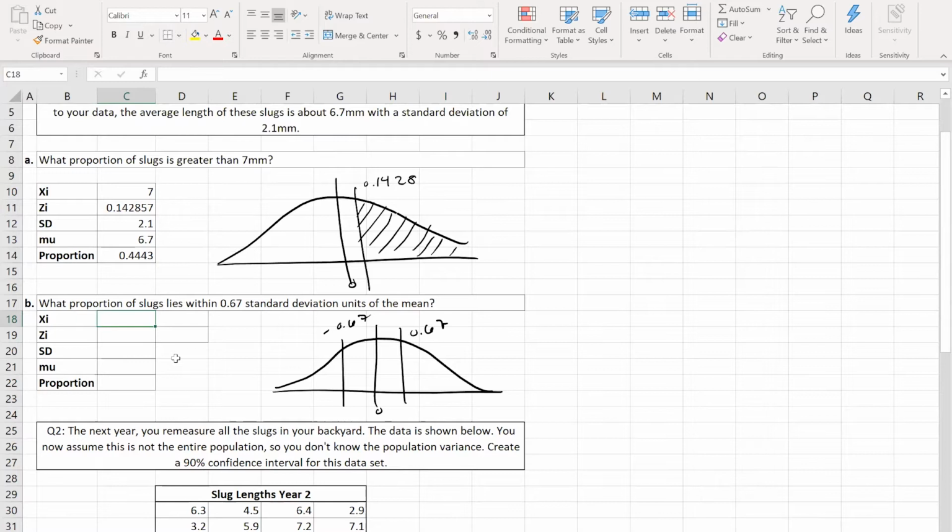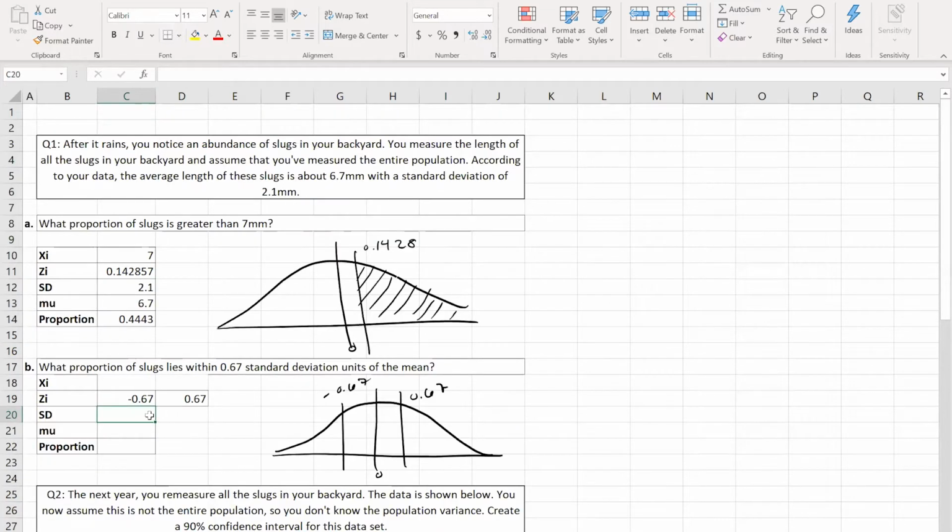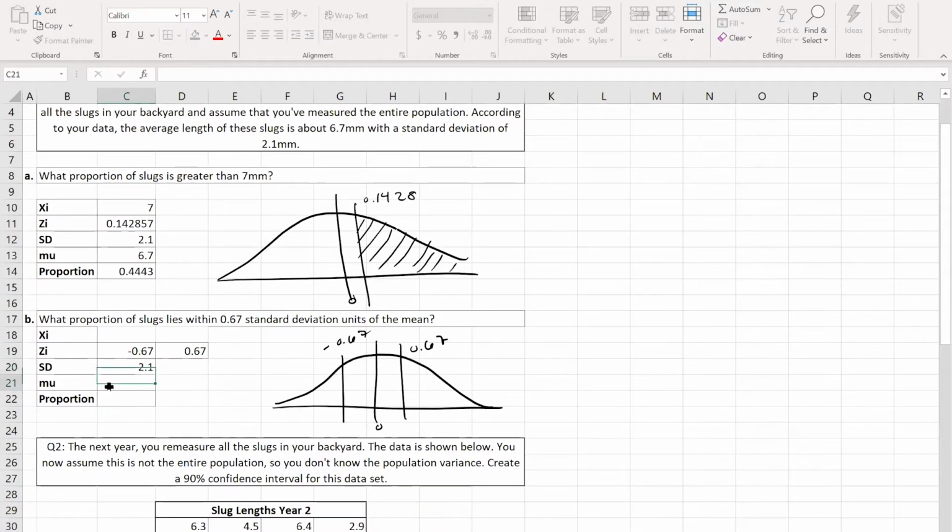So those are our two xi values, negative 0.67 and positive 0.67. Or actually, no, sorry, we actually don't have any xi values. We just have z values because it's already in standard deviation units. Sorry, that is our population standard deviation. So that's the 2.1, and our population mean is 6.7.